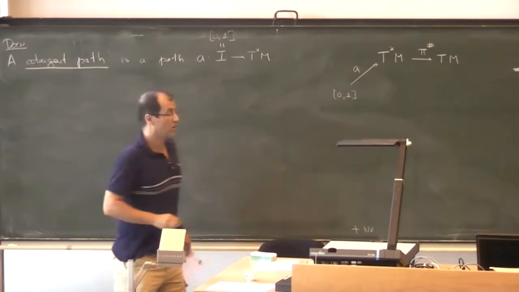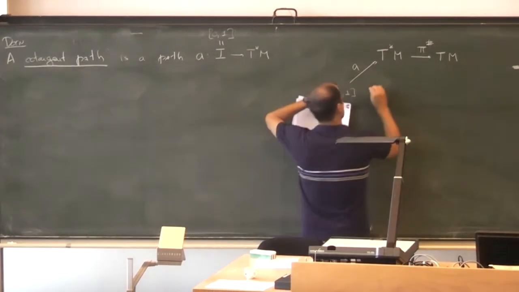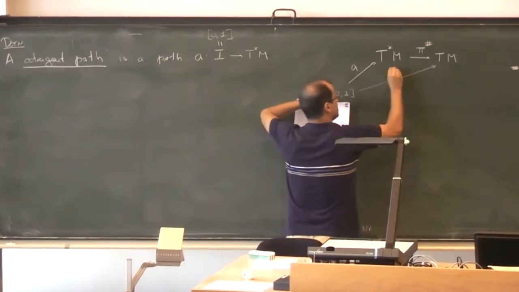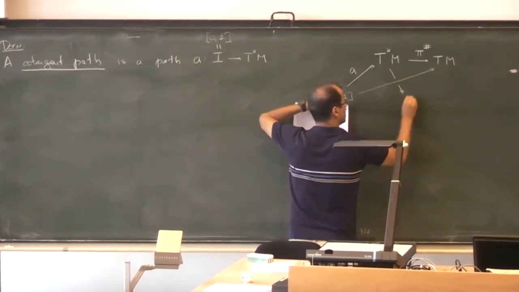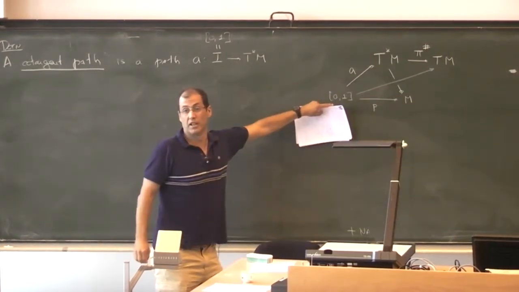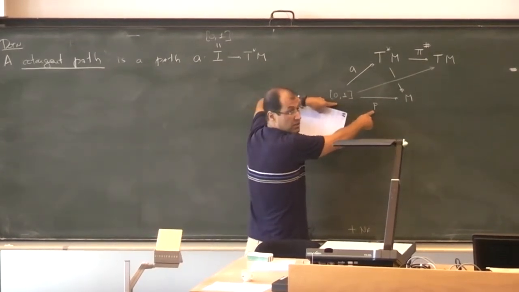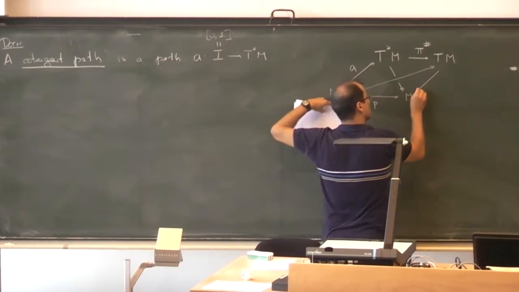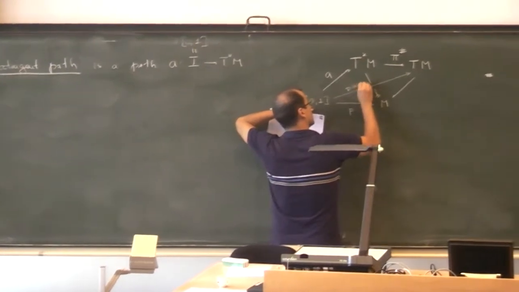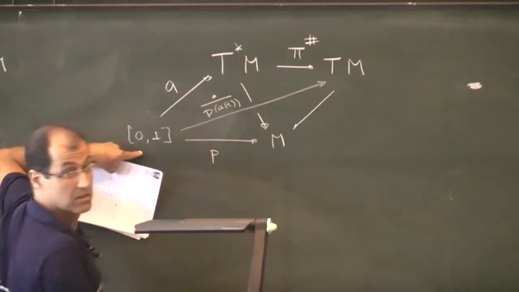So I can compose with pi sharp and get a path in the tangent bundle. Or I can first project down to M and get a path downstairs in M. And now I'm going to require that if I take the derivative of this base path, which is going to be something in here, it has to coincide with that.